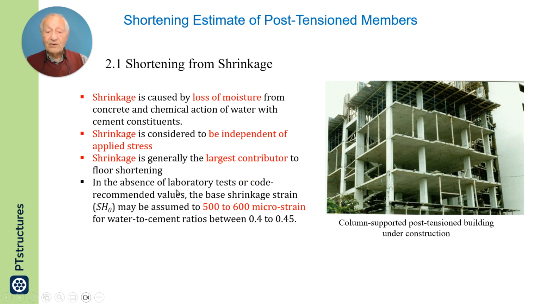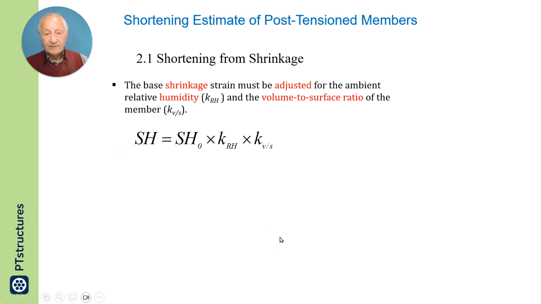In the absence of laboratory tests or code recommended values, the base shrinkage strain is assumed to be between 500 and 600 microstrain, that is 10 to the minus 6 times the microstrain. This is for water cement ratios 0.4 and 0.5.